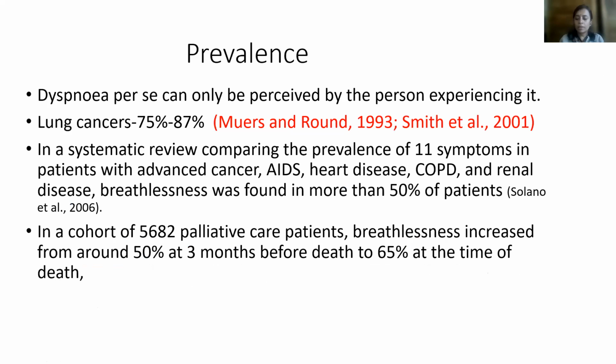It is very commonly seen in patients with lung cancer. 75 to 87% of patients with lung cancer will have breathlessness. But a study has shown that there are 11 symptoms in patients with advanced cancer, or any advanced illness like HIV, heart disease, renal disease, COPD, which are very commonly seen in many end stage illnesses, where more than 50% of patients had breathlessness.